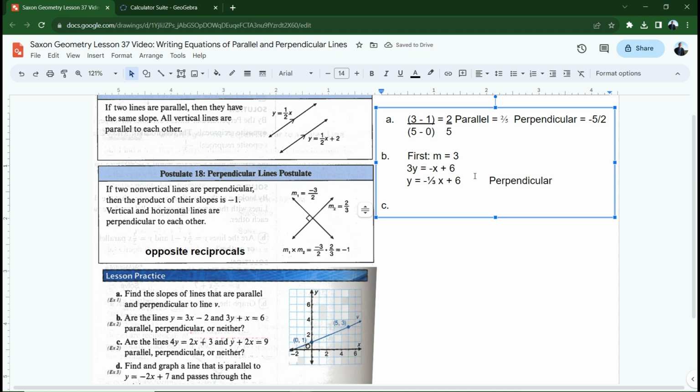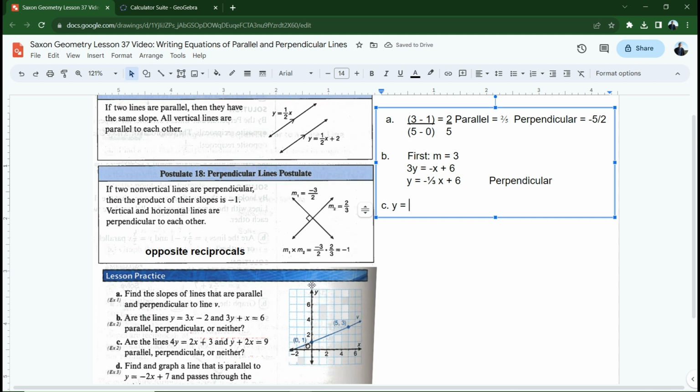All right, letter C. Are the lines 4y equals 2x plus 3 and y plus 2x equals 9 parallel, perpendicular, or neither? Well, for both of these, I have to get them in slope-intercept form to easily work with them. I'm just going to rewrite the first equation with both sides divided by 4 right away.